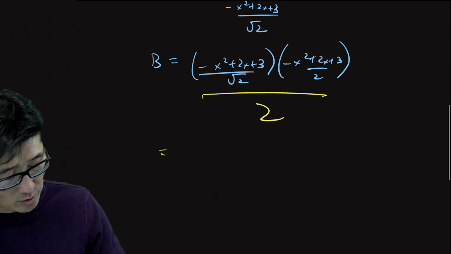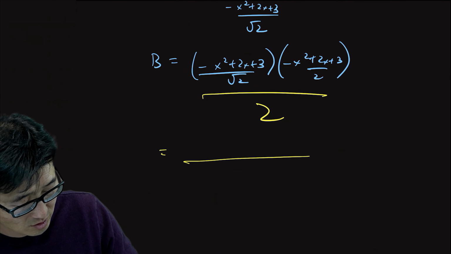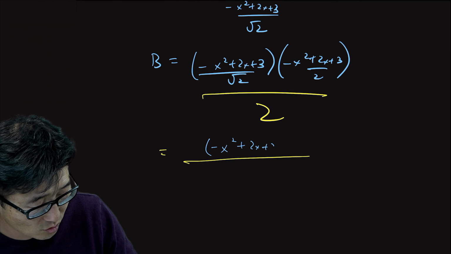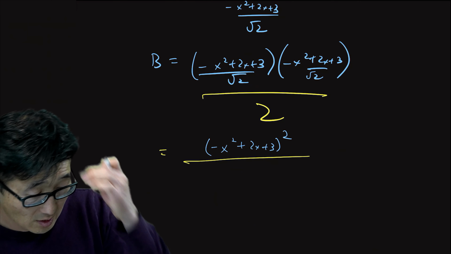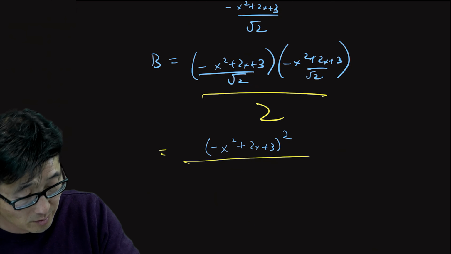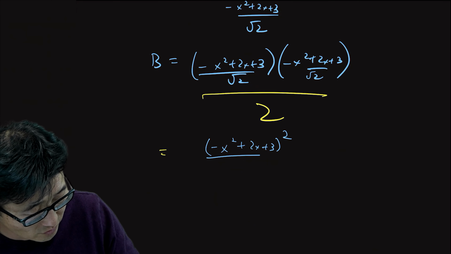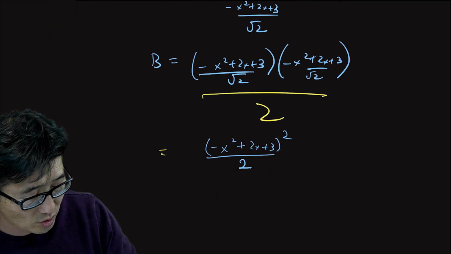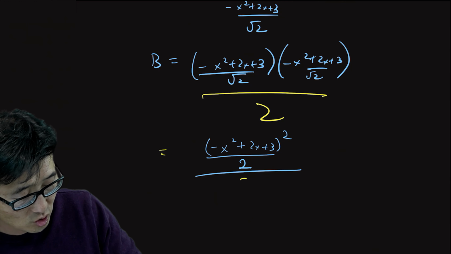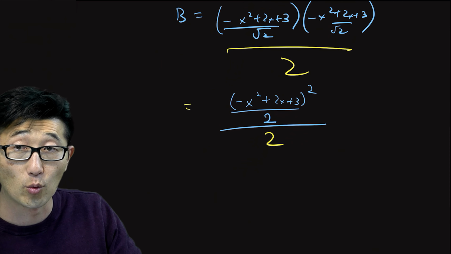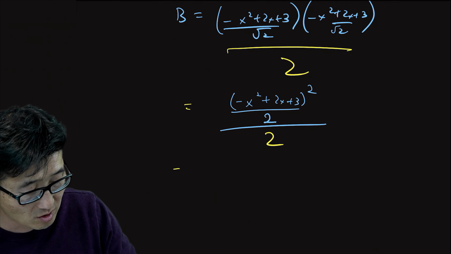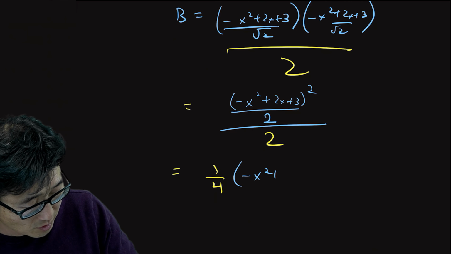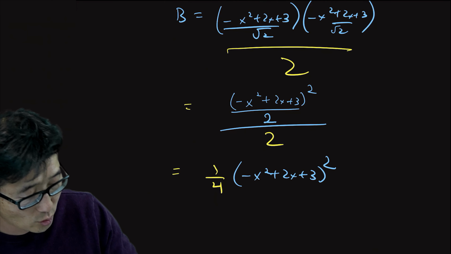So this will be rewritten as negative x squared plus 2x plus 3, squared. Square root of 2 times square root of 2 will be square root of 4, which is 2, and all divided by 2 again. Or we can just multiply by 1/2, which will make the denominator a 4. So this would be 1/4 times negative x squared plus 2x plus 3, squared.